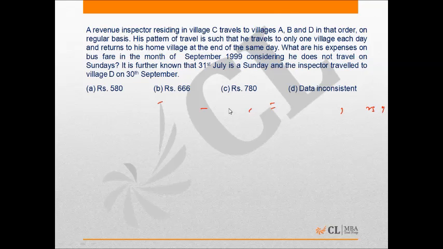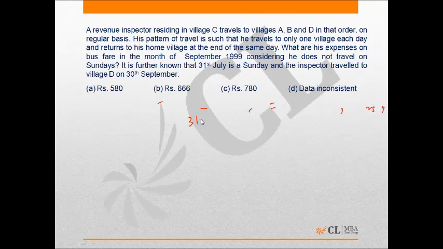What are his expenses on bus fare in the month of September 1999, considering he does not travel on Sundays? It is further known that 31st July is a Sunday and the inspector travels to village D on 30th September.